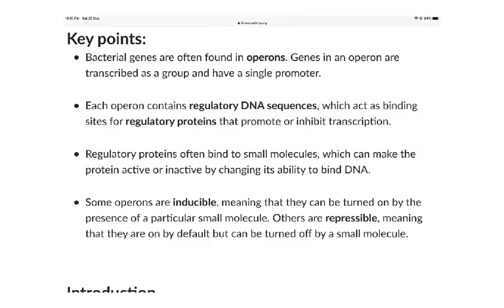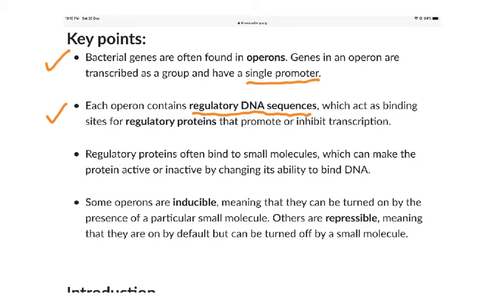Now just a few key points. Bacterial genes are found in operons. Genes in an operon are transcribed as a group and have a single promoter. Each operon contains a regulatory DNA sequence, just like you have a switch for a fan and then you have a regulator for the fan.